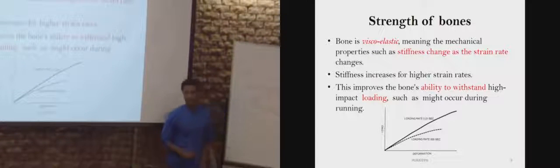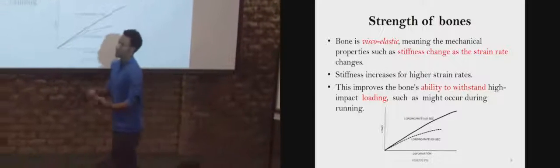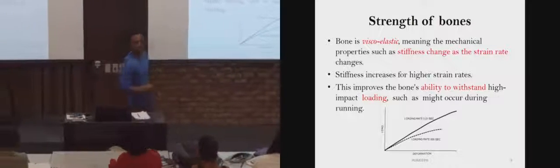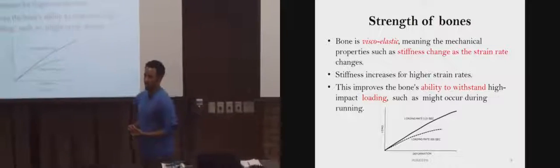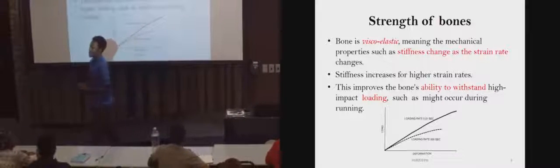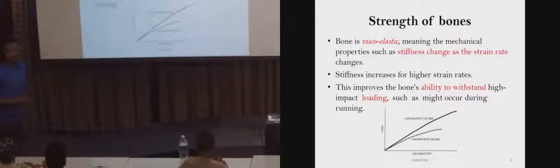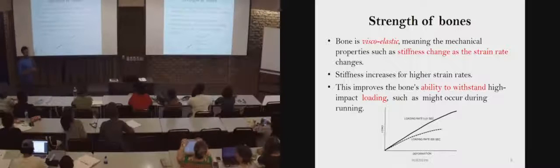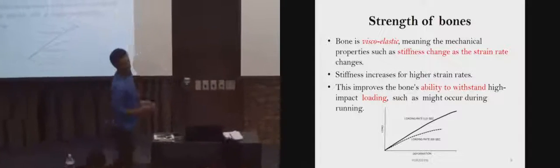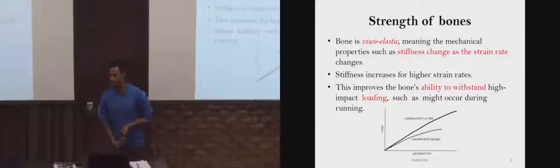if the deformation rate is quick. That's why a bone or a muscle or a body can withstand deformation during running, because the stiffness is dependent on the deformation rate. For higher deformation rates, it can withstand the load because it will quickly rearrange its internal structure because of this viscoelastic property.